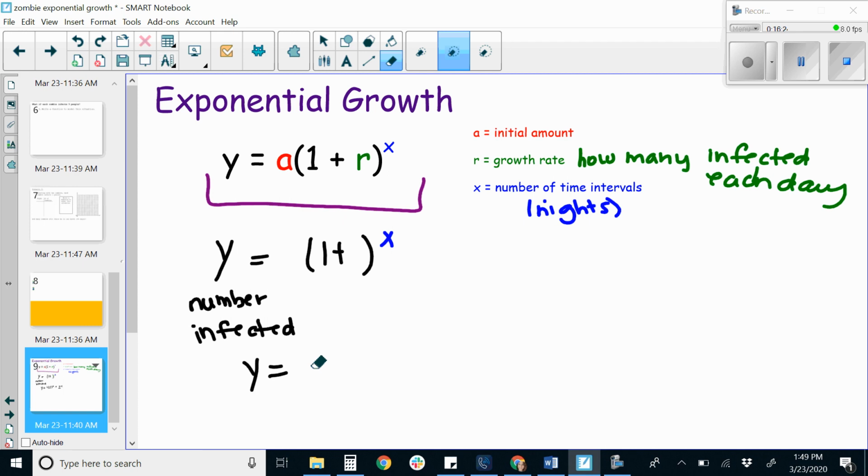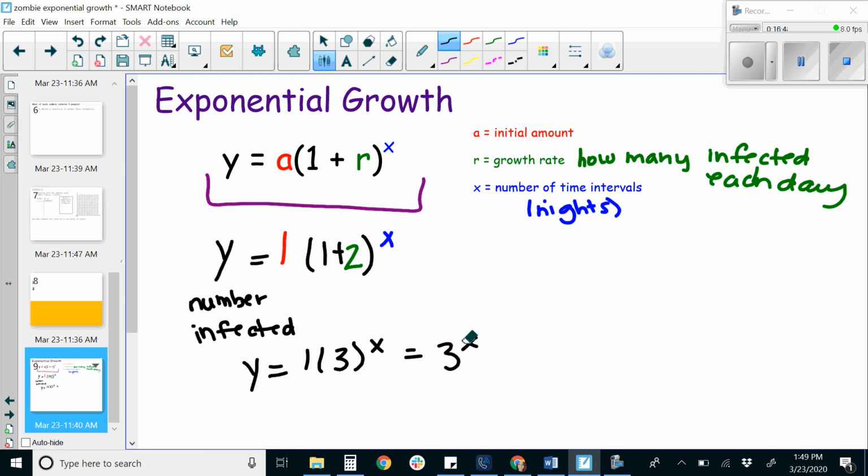All right, so y is the number infected, and A is the initial amount. So in this one, we still started with 1. And then each night, the growth rate was 2. So we end up with y equals 1 times 3 to the x power.